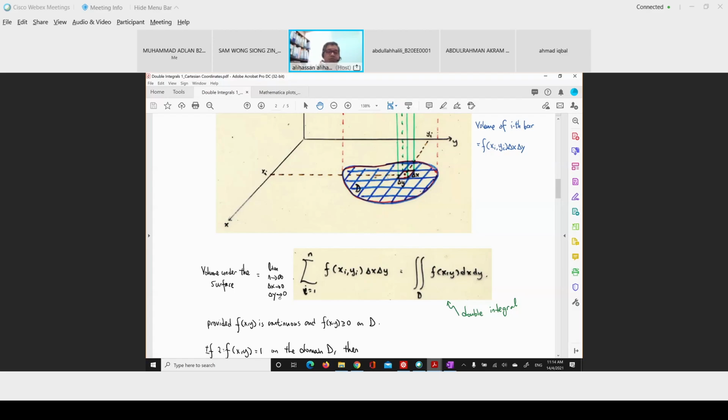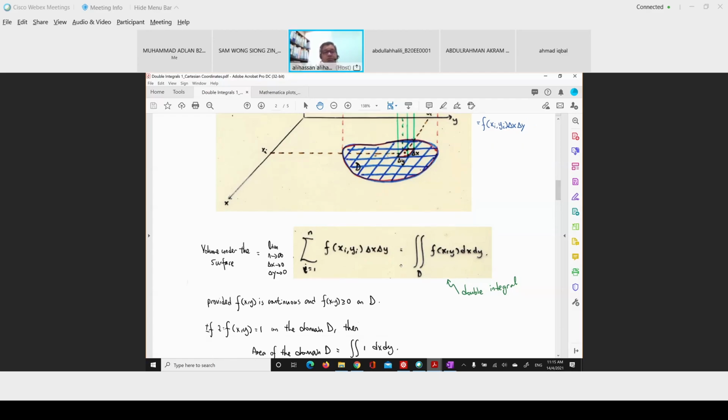We define the actual volume under the surface as the limit of this sum as n tends to infinity. If the limit exists, it is denoted as this double integral of f(x,y) dx dy over the two-dimensional domain D.